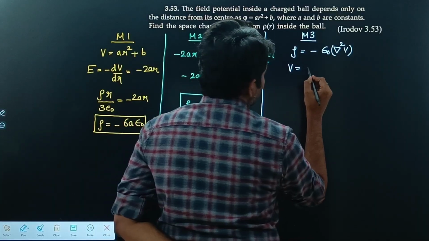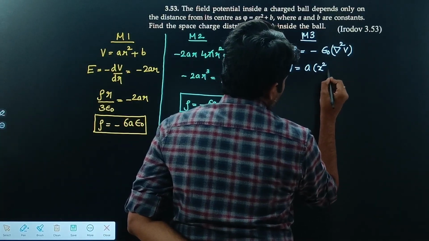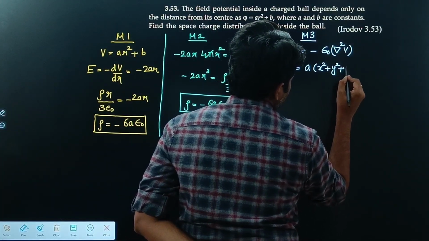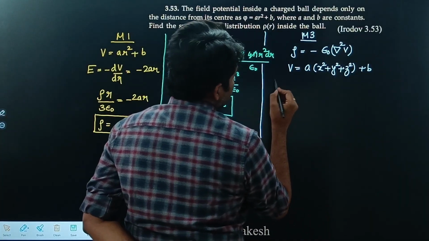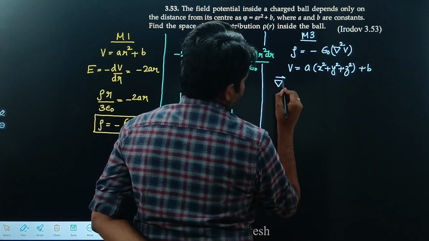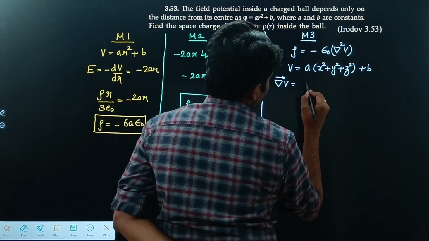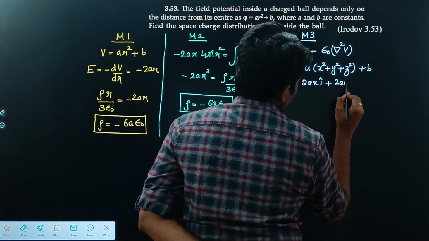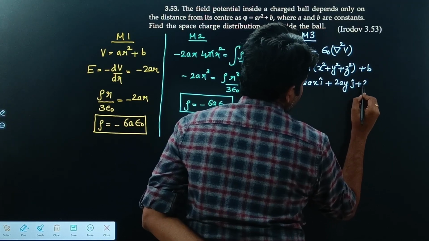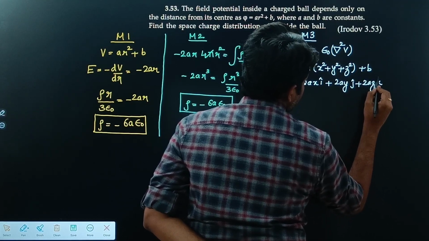So this will be A into x square plus y square plus z square plus B. The first step is to find the del bar V. Okay, this comes out to be 2ax i cap plus 2ay j cap plus 2az k cap.